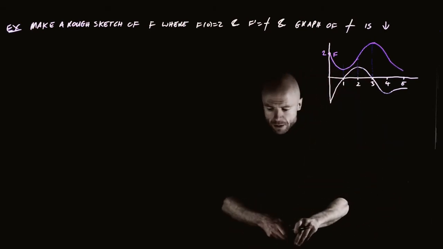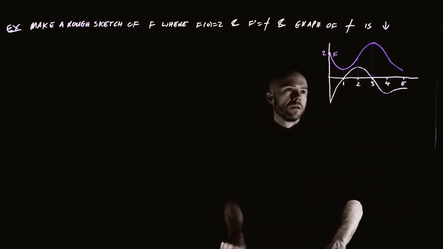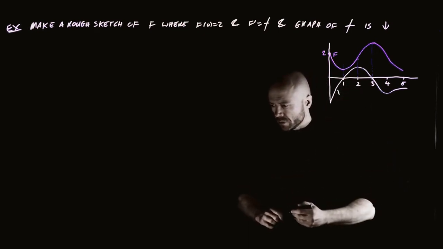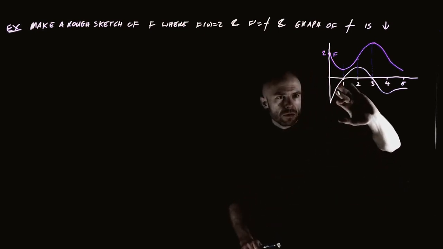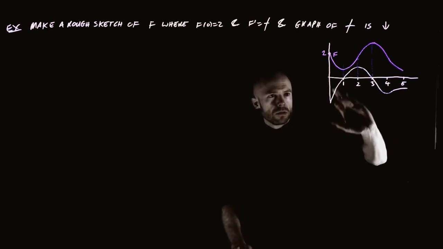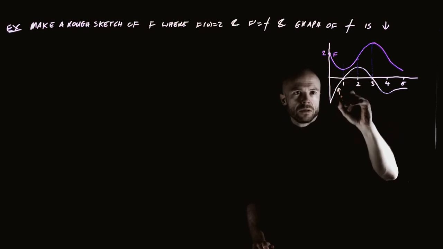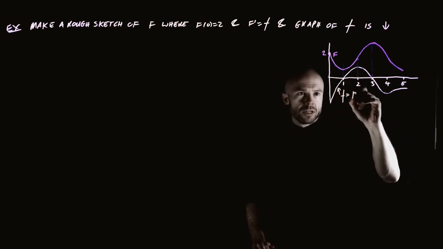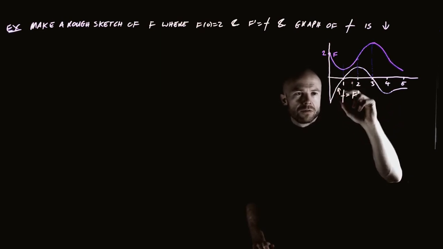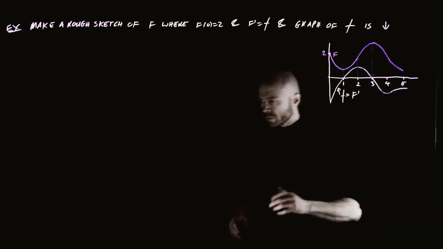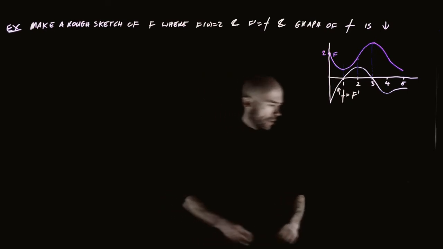This is the graph of F, and this is the graph of little f, which is the same as F prime. So we can go from the graph of F prime to the graph of F through this kind of reasoning. Cool. All right.